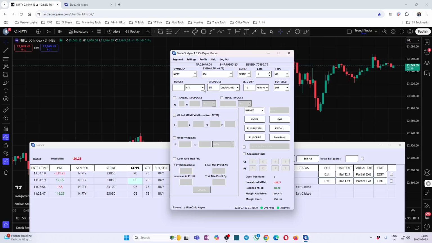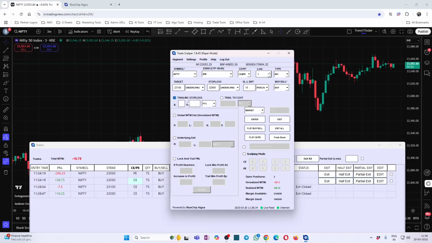You can give 22,900 as the stop loss and 23,100 as the target. Once one of those levels is reached, this application will automatically exit your trade. This is a very important and useful feature, and many people are already making use of it. So all these are existing.